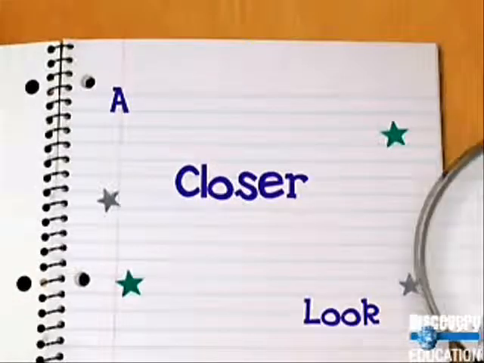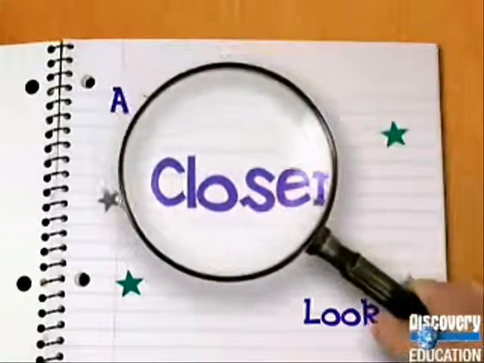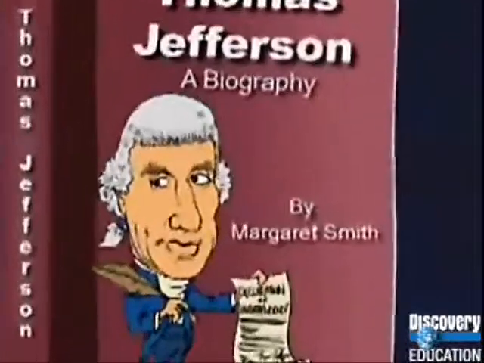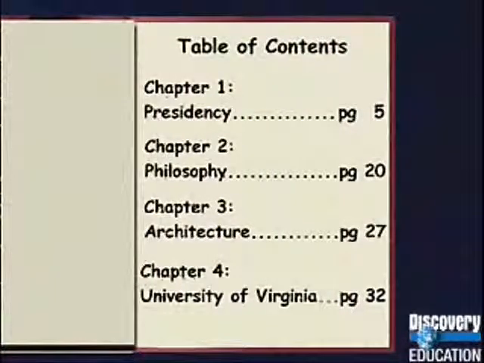Let's take a closer look at the story about Thomas Jefferson and how to use the different parts of a book. The table of contents is located in the front of the book. It lists the chapter titles in the book. Look at the chapter titles in this book. Each chapter talks about a different aspect of Thomas Jefferson's life.